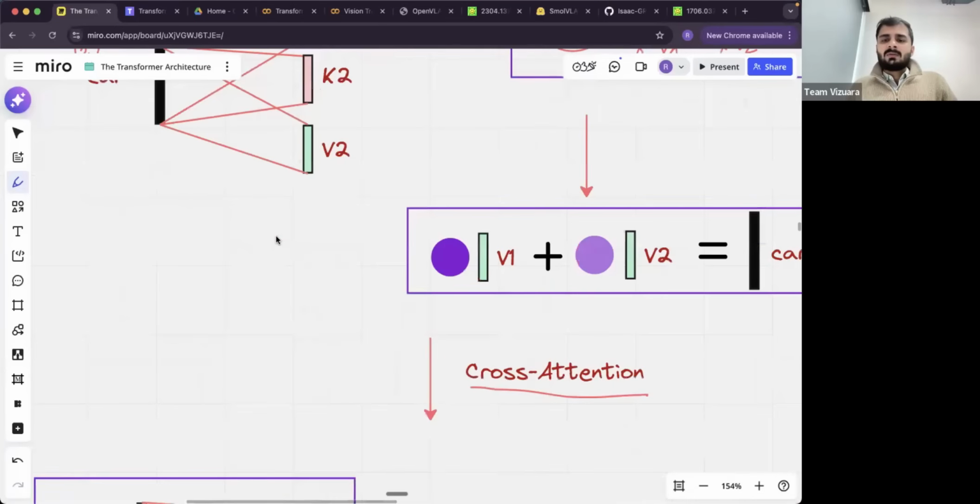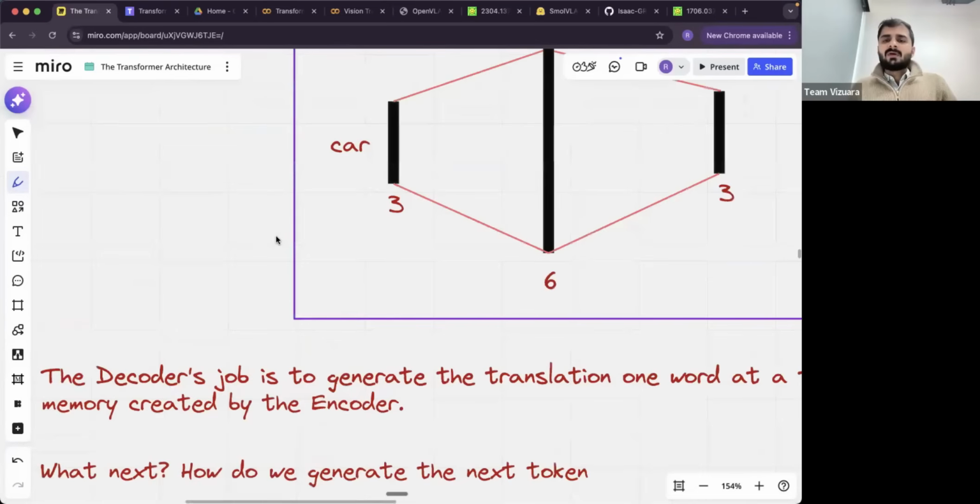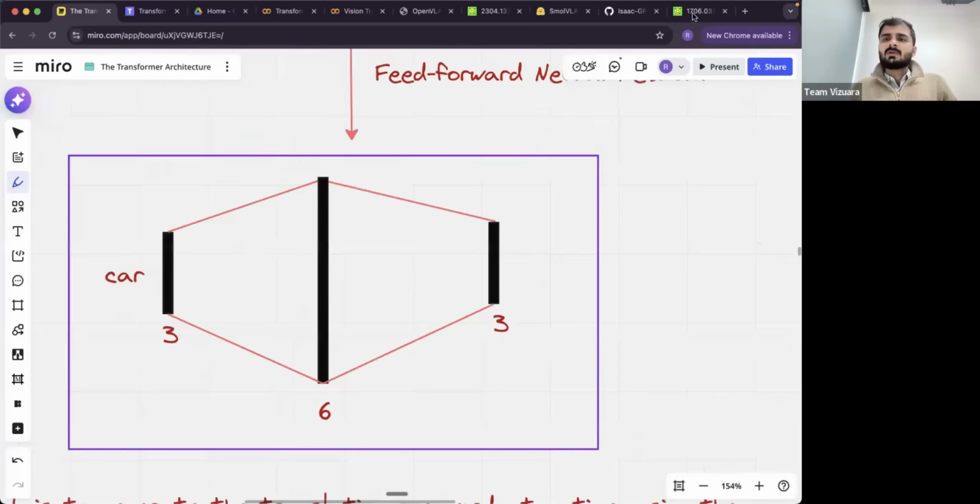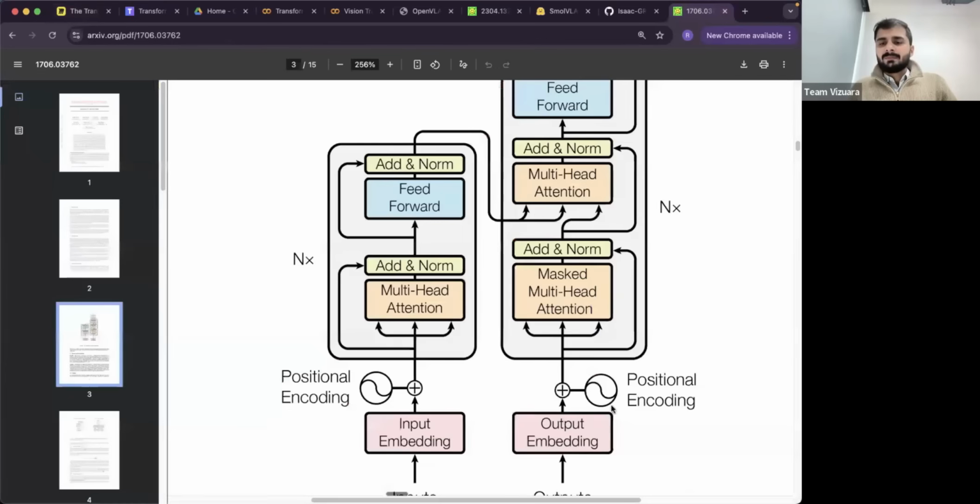Okay, so now after this is done, let's look at the architecture again. First, we are creating embeddings. Then we are doing the attention mechanism, which is the self-attention mechanism, same as we did for the encoder. We create some context vectors for the current token, which is car, only for the current token.